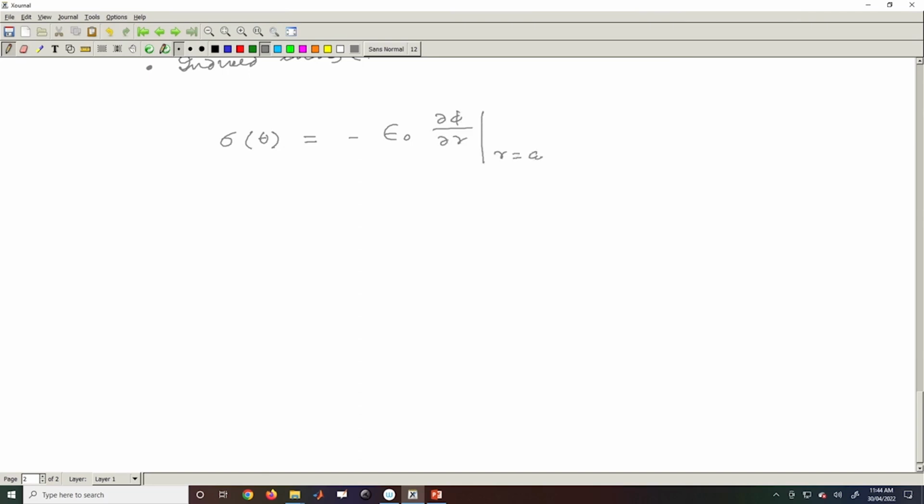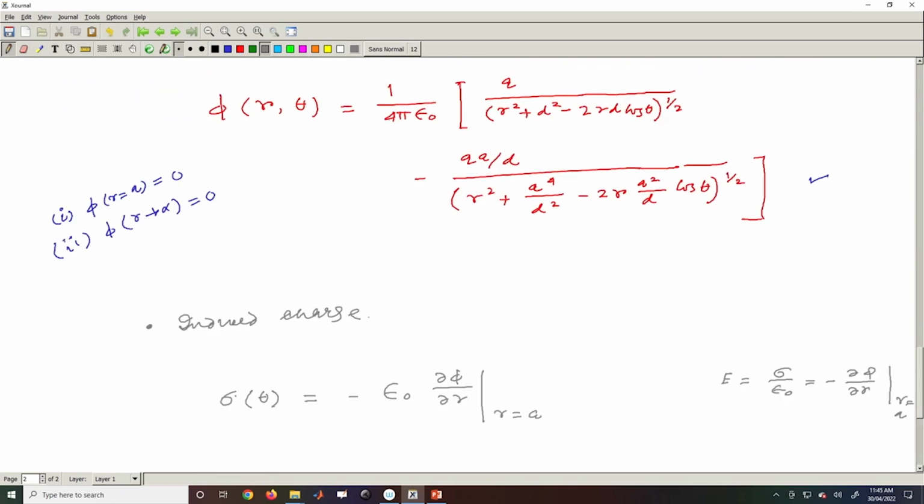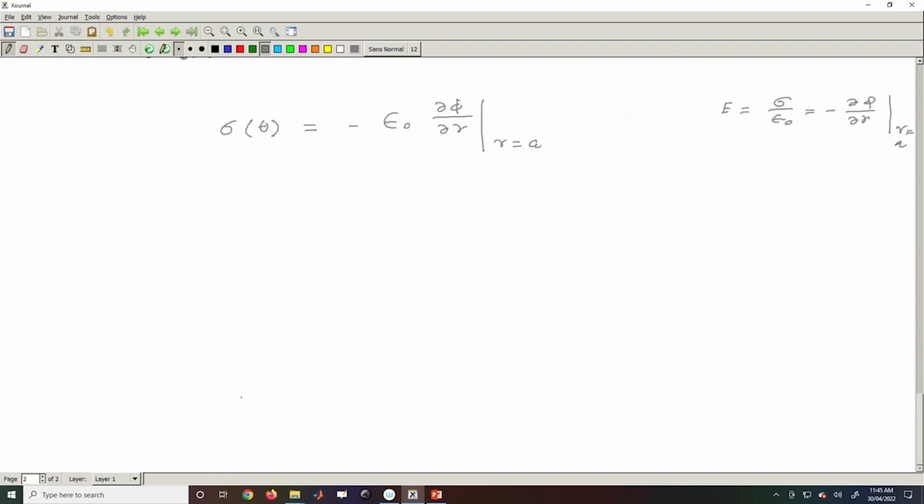This is the standard expression we have been using from last class onwards, because the electric field very near the surface is sigma divided by epsilon 0, which is minus del phi del r in this case. That is over r equal to a over the sphere. Now, phi we know, because I just calculated phi. So, we know what del phi del r is, and that we need to calculate.